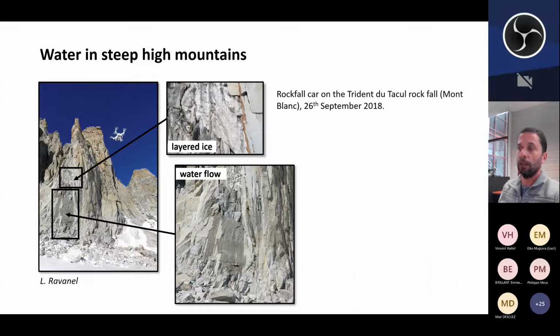The reason is that the process is hydrologically very complex, because water is usually from snowmelt, and it's not easy to simulate snowmelt, because snowfall can happen in winter and it only melts in summer, but most of it can sublimate, or even if it melts, it doesn't mean it will go to the rock, because it depends on the specific hydrology of the snowpack. So it's a very complex system to study.